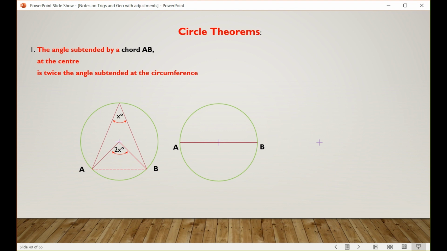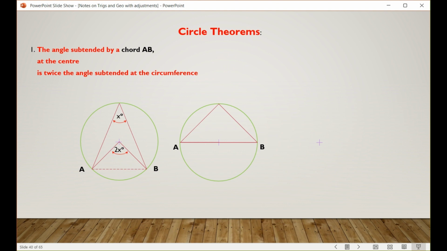And let's do the same thing. Let's connect from A and B to the circumference. Anywhere you want to do this, please try it yourselves with different size circles, different angles, and we recognize that the same rule applies.